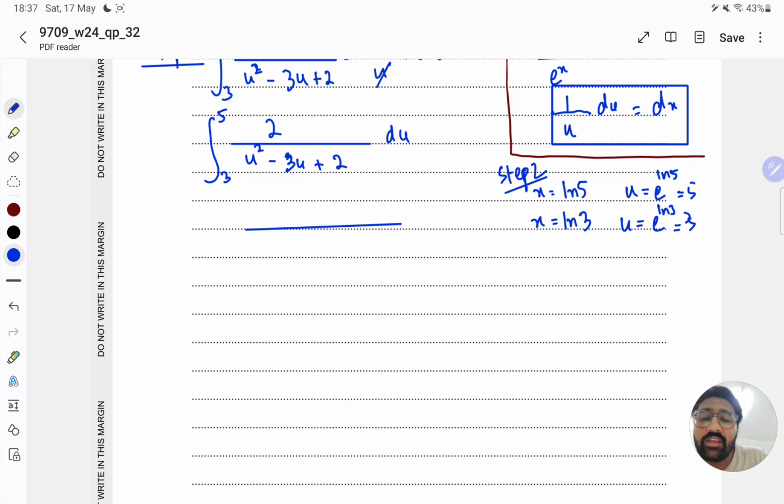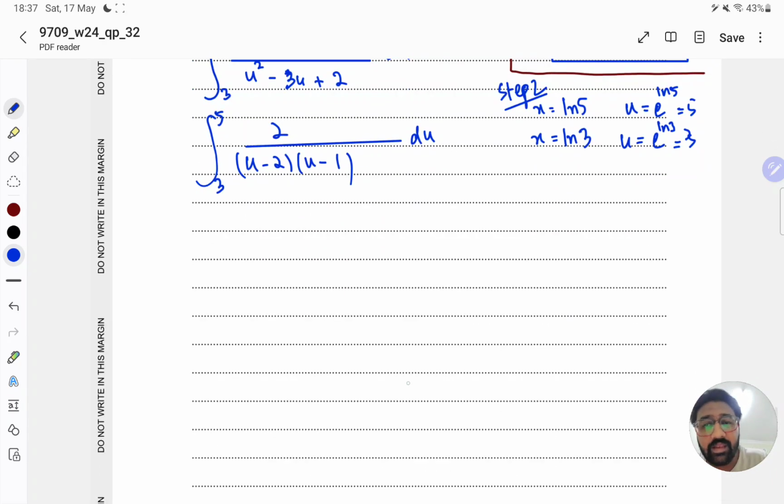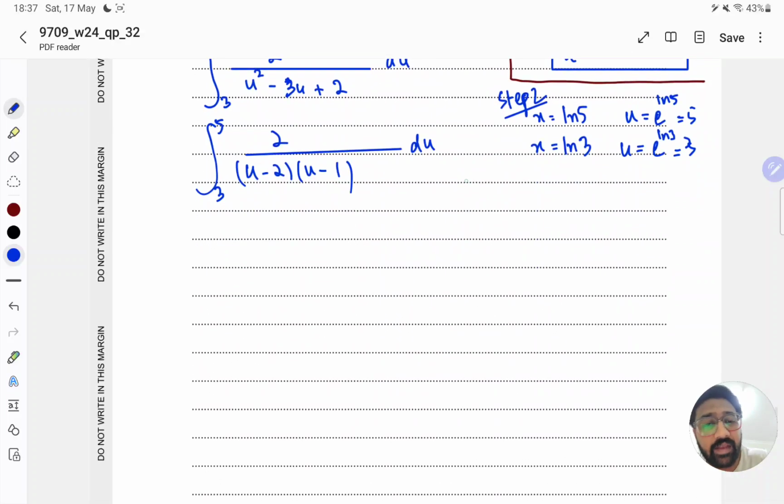If I do the factorization, it will be minus 3, minus 2, minus 1. So the two factors will be minus 2 and minus 1, 2 du, but I have to do the partial fractions as well. This is going to be the step number 5.